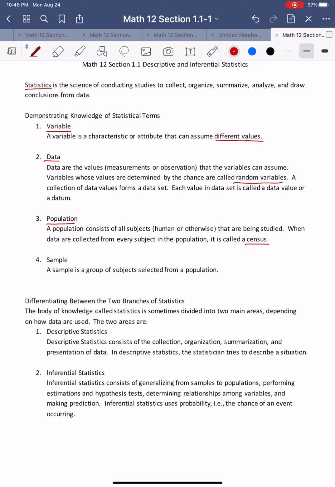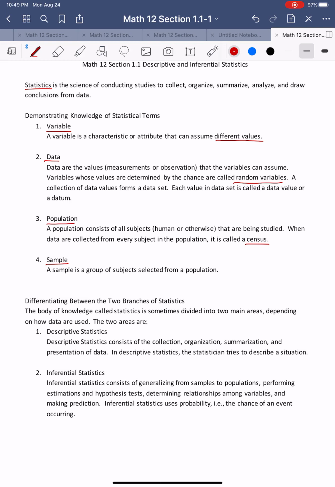So that's why we only do it every 10 years, because of the time and money, which is a lot. Instead of the population, we are using samples. A sample is a group of subjects which represents the population. If the sample does not represent the population, that sample is not useful.